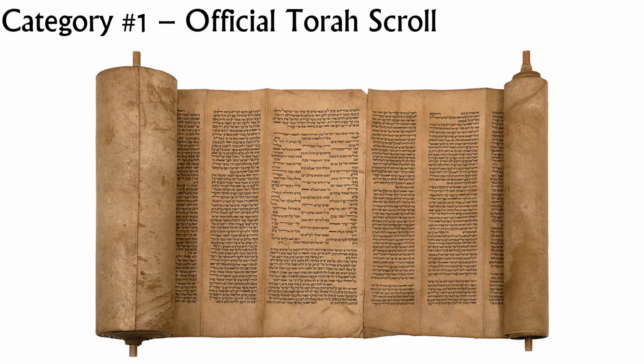Even after that's done, when it goes into circulation in a synagogue, it's read from. If a synagogue only had one Torah scroll like this, they would essentially be reading it on Saturdays, from the English perspective, on the Shabbat, and also on Mondays and on Thursdays.